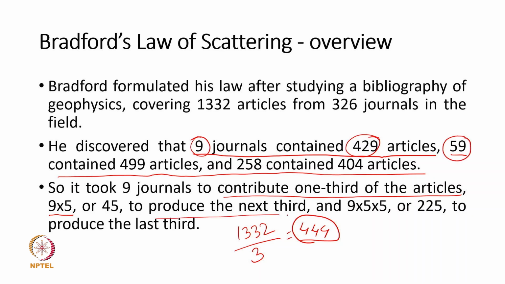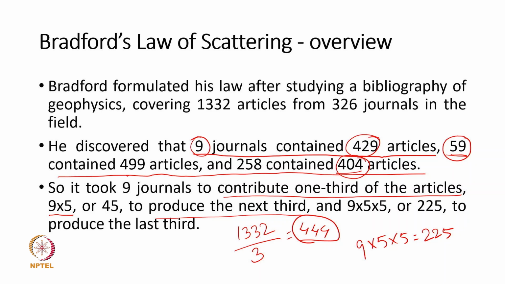journals produce the next one third. Here, in the actual scenario, 59 journals produce 419 articles, and the next 9 into 5 into 5, that means 225 journals, produce the next one third. Here 258 journals produce 404 articles.